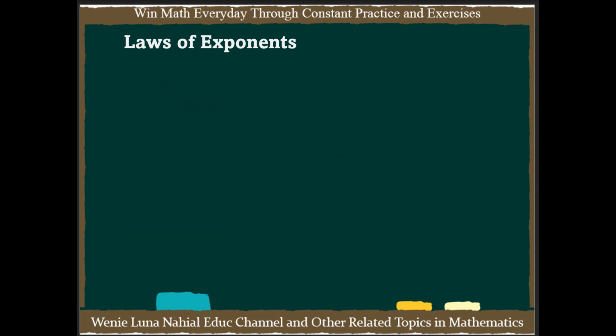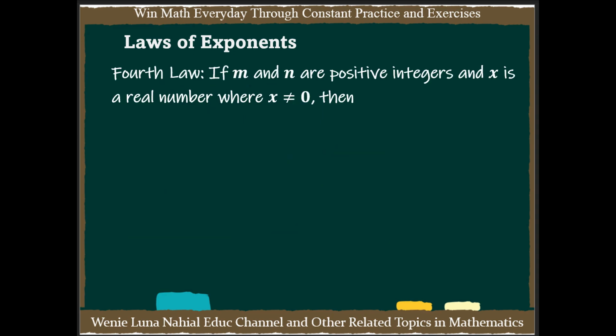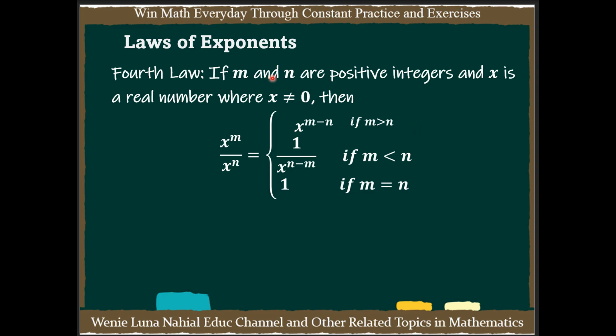Then we have another law. If m and n are positive integers and x is a real number where x is not equal to 0. So we have here a condition that x is not equal to 0.